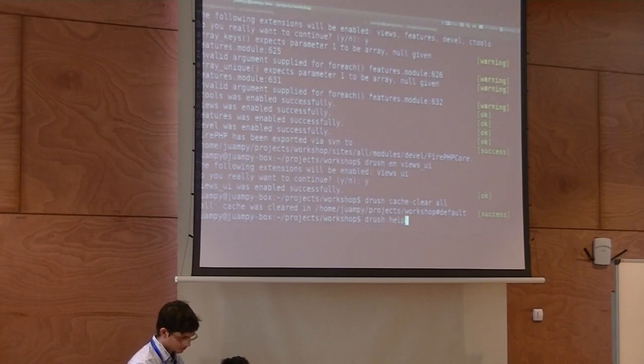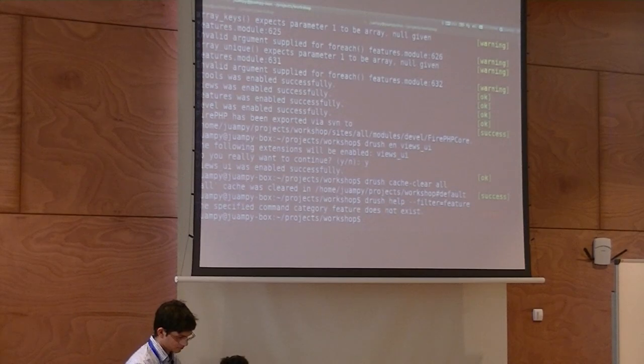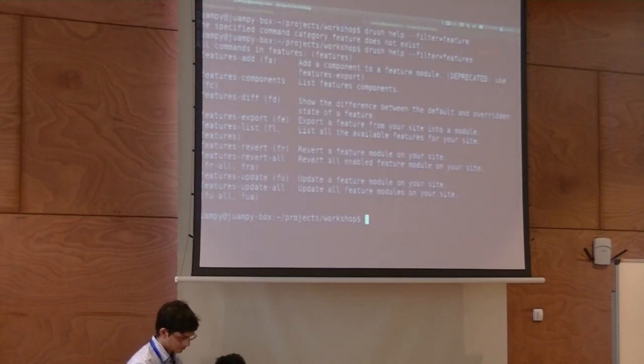If I want to list them, I would type drush help and filter this by the features module. There we are. So we can list available components, check what's the status of a feature, or show us differences between database or code, export configuration to a new feature, list them, revert, update, most of the common tasks.